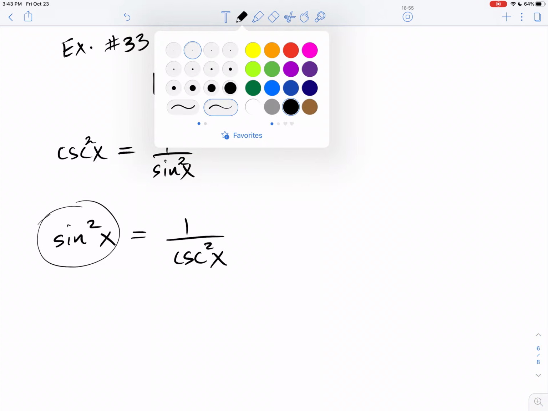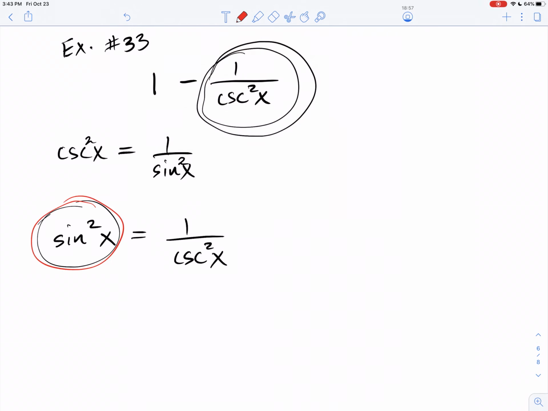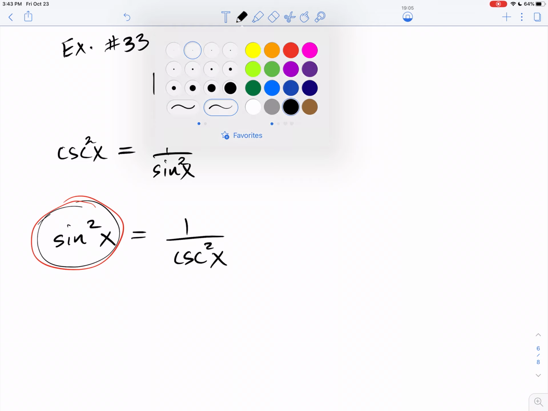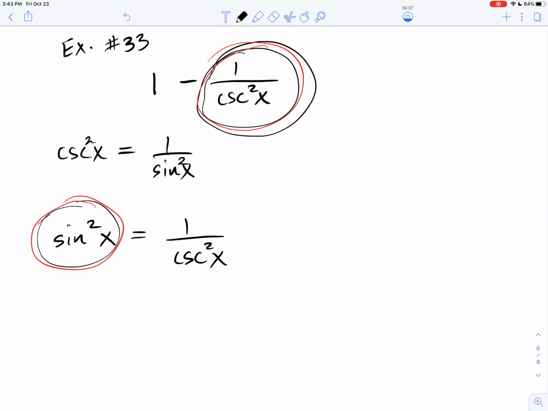We are the same. So if I were to substitute right there, I would end up with 1 minus sine squared x. You might say, I have no idea why you would want to do that.